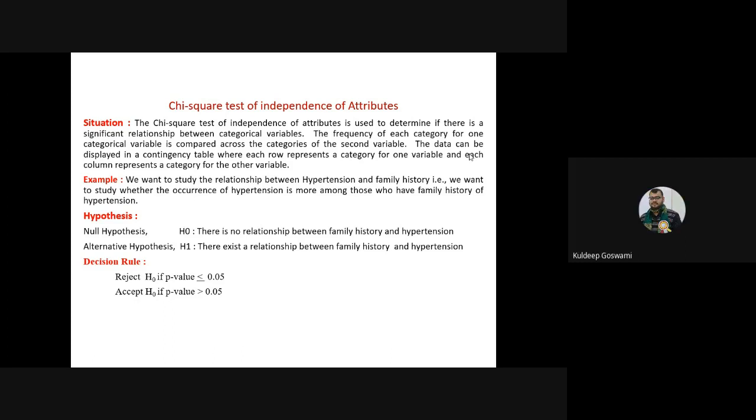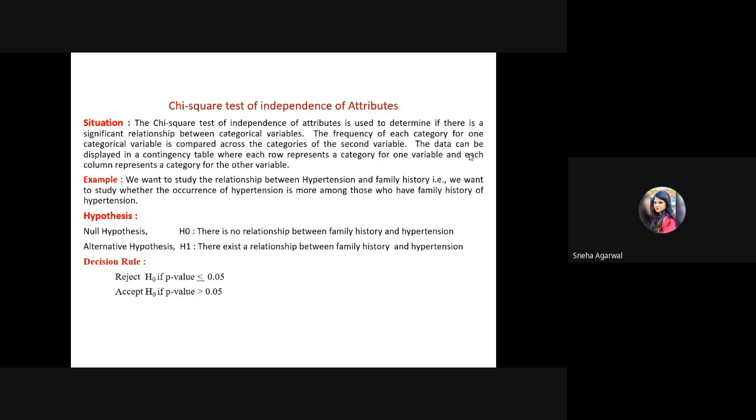Yeah, definitely. If there are two variables and each variable has two categories, then there will be a 2 by 2 table, and that table is known as a contingency table. A 2 by 2 contingency table looks like a matrix, but it is not necessary to have only two categories.